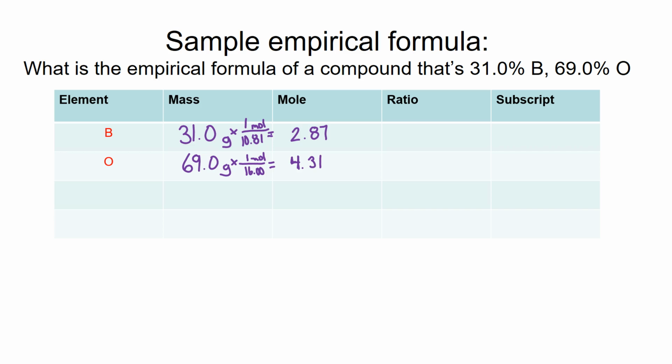I looked at boron's molar mass. So 31 divided by the molar mass of that element, B. 69 divided by the molar mass of that element, which is 16.